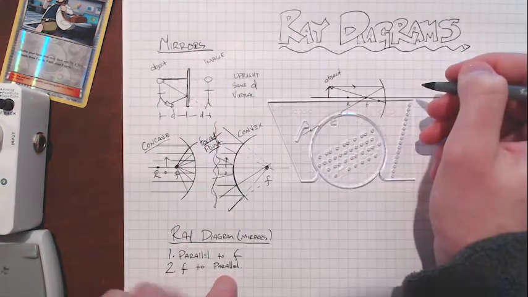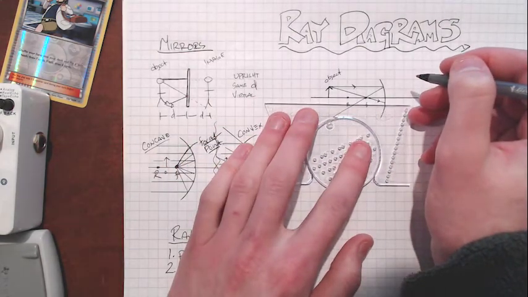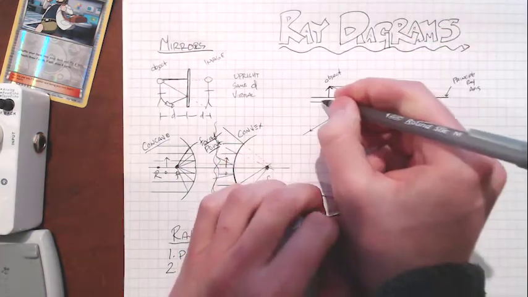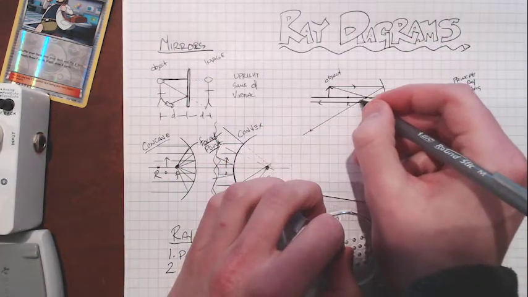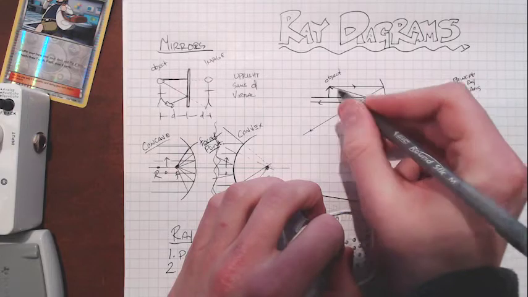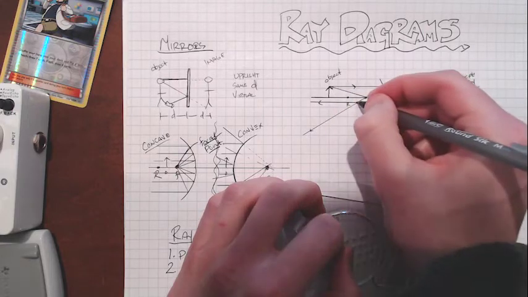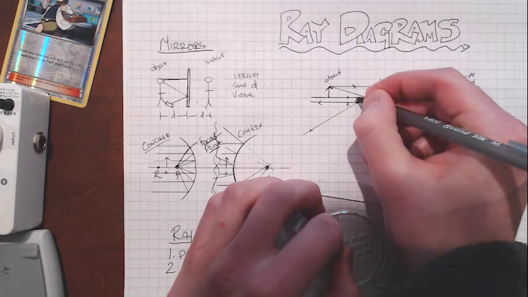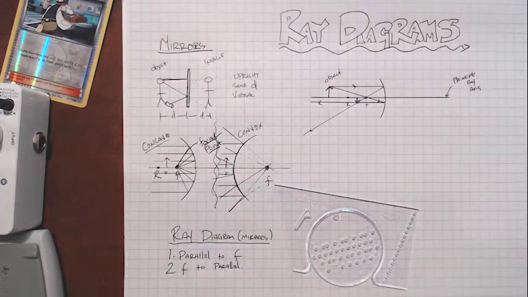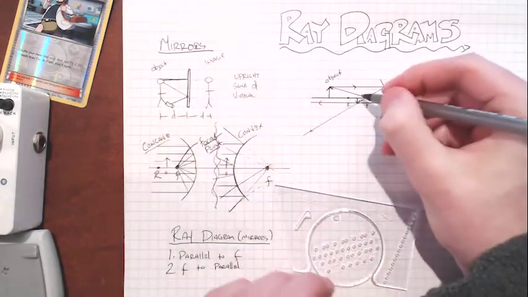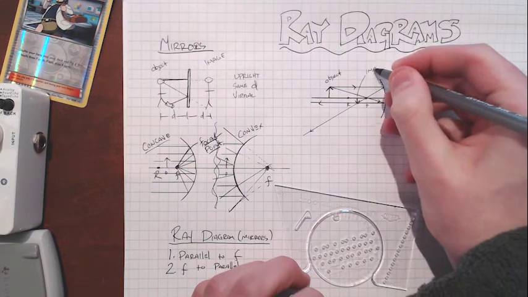And where these two rays cross each other, since we start at the point of the arrow, has to be right there. So our object is here, and our image actually forms right there.